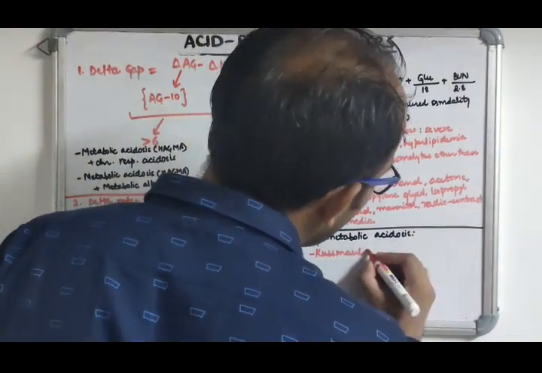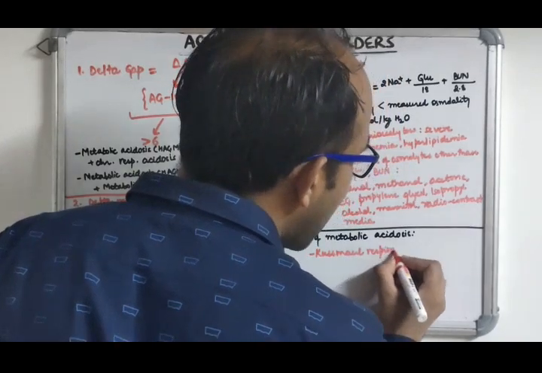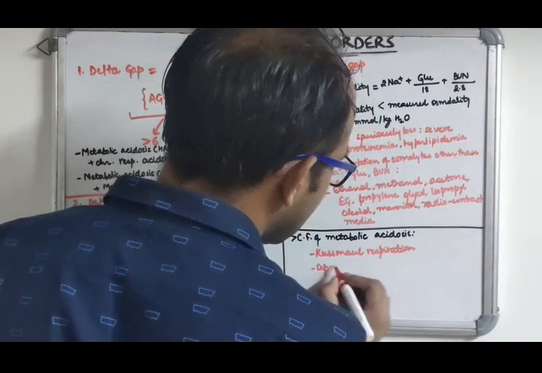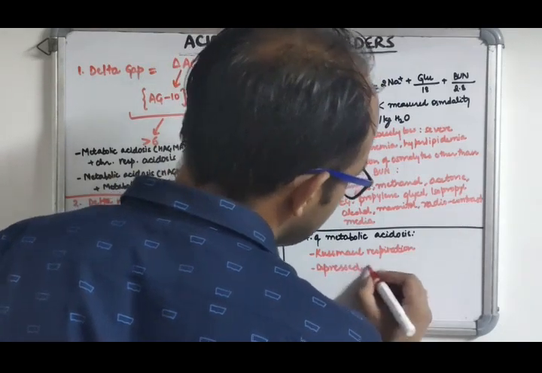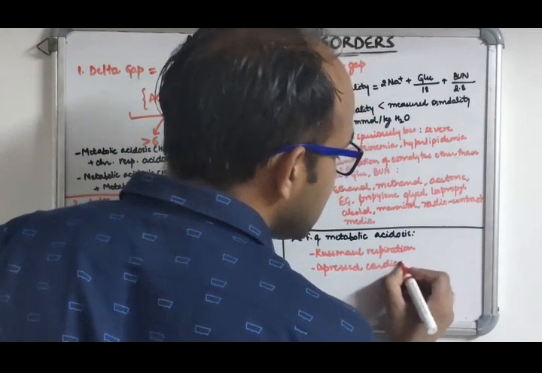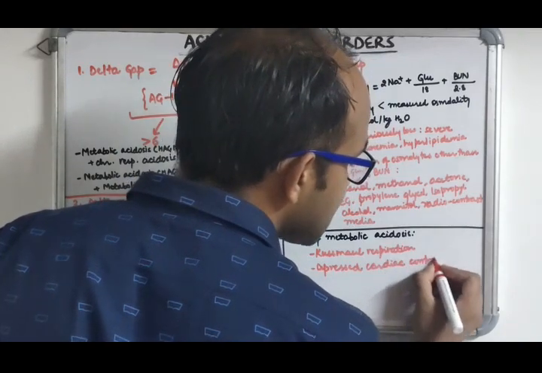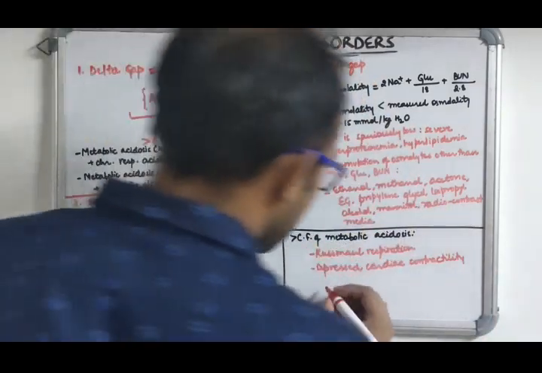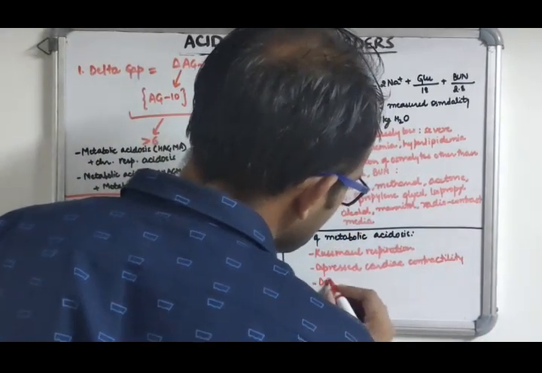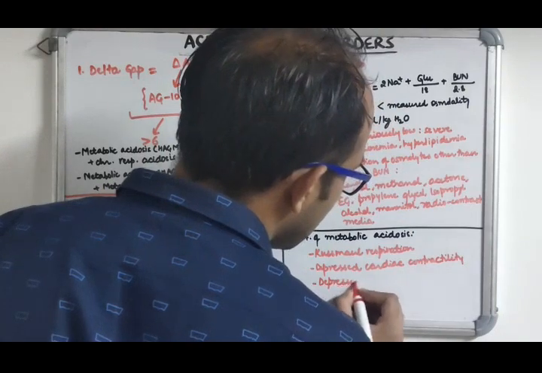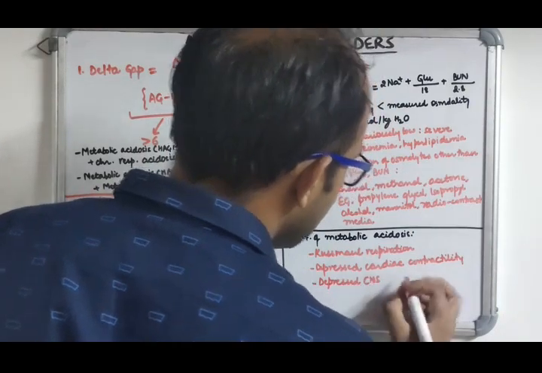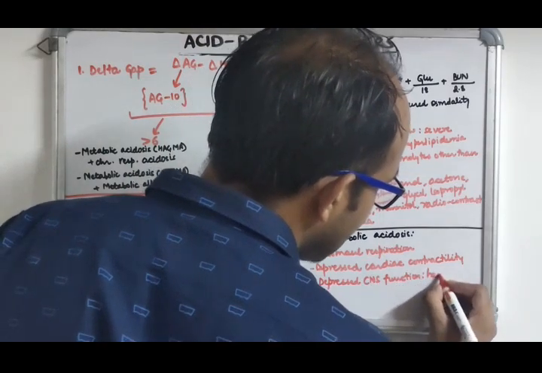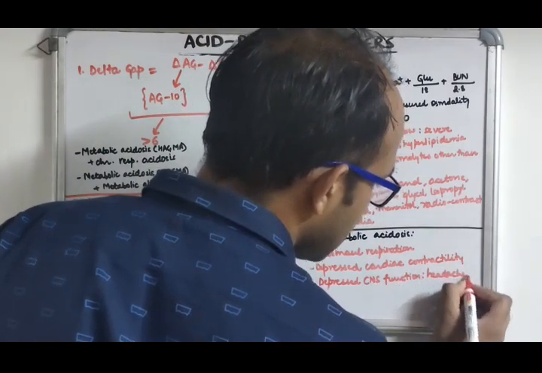And in severe metabolic acidosis, the cardiac contractility is depressed, so patient can have hypotension. Similarly, there is depressed cognition, depressed CNS function. That's why it is very important to correct severe acidemia. Patient can have headache, lethargy, stupor, even coma.